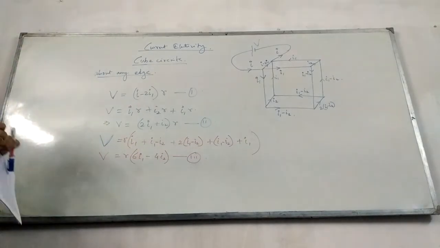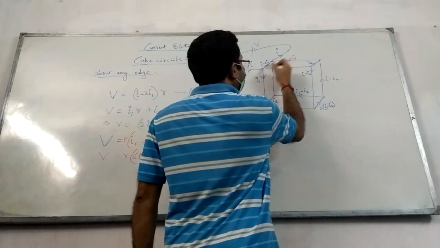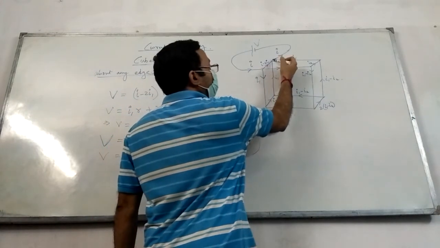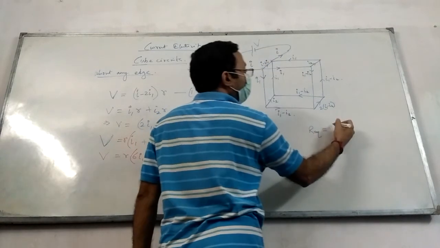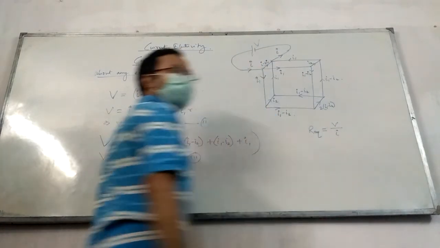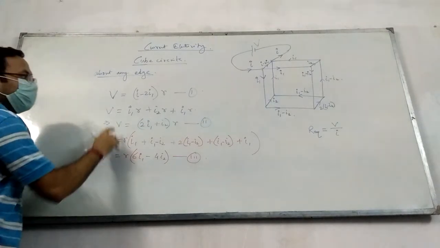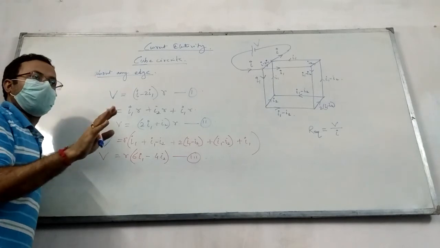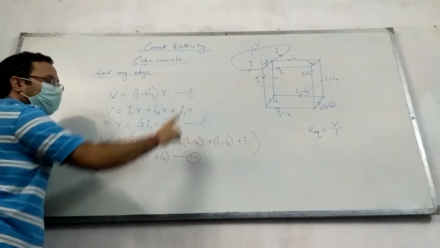So what we need to find out, हम लोगों को सिर्फ निकालना है ये दो पॉइंट के बीच में इक्विवेलेंट रेजिस्टेंस. So the equivalent resistance between these two points is what? R equivalent is equal to V by I. Right? So ये तीन इक्वेशन से 1, 2 और 3 से मुझे I1 और I2 को एलिमिनेट करना है. We have to eliminate I1 and I2.